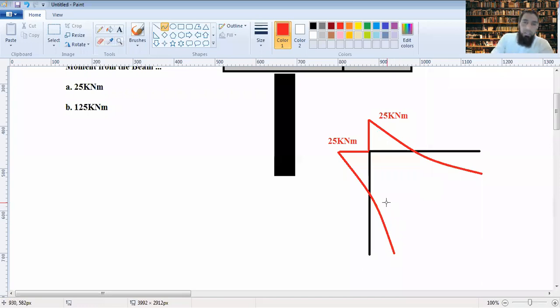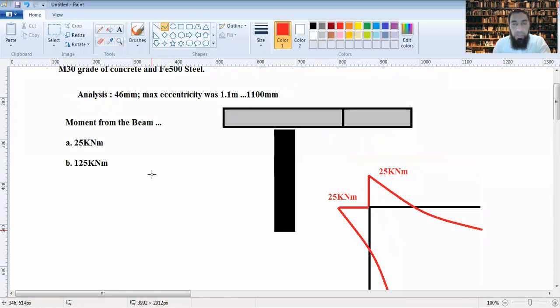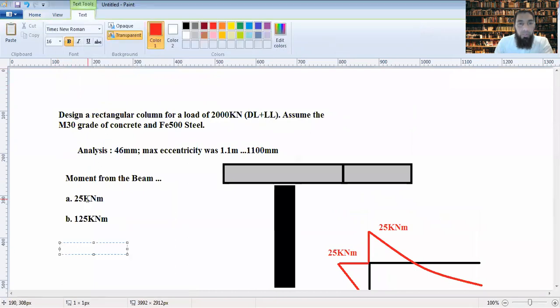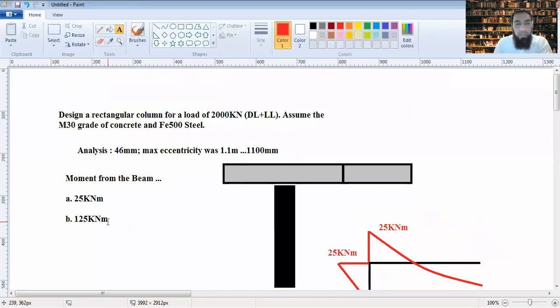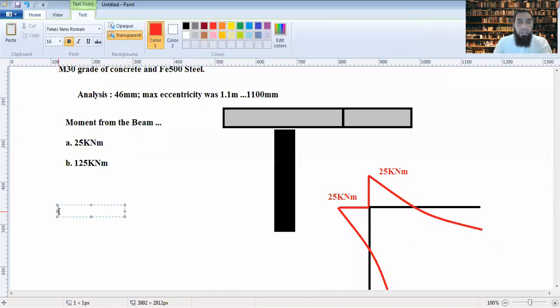If this is positive, only the designation will change: this will be negative. If this is negative, this will be positive. Otherwise, it's the same. So the moment from the beam is 25 kilonewton meter in the first case, 125 in the second case.